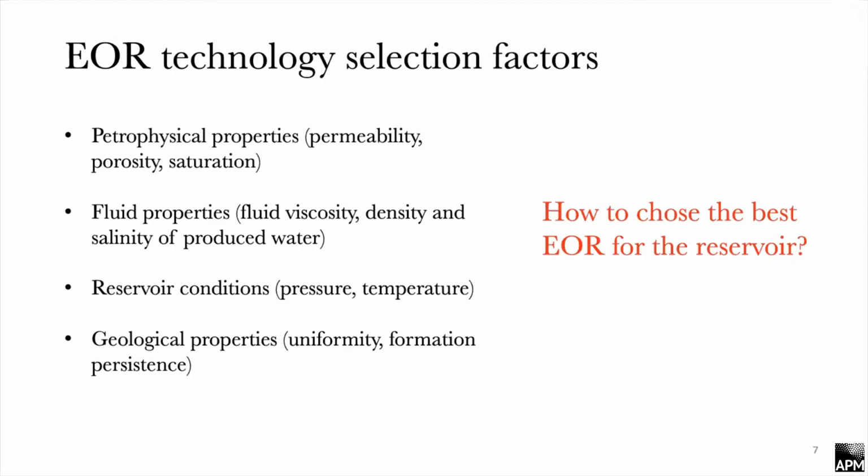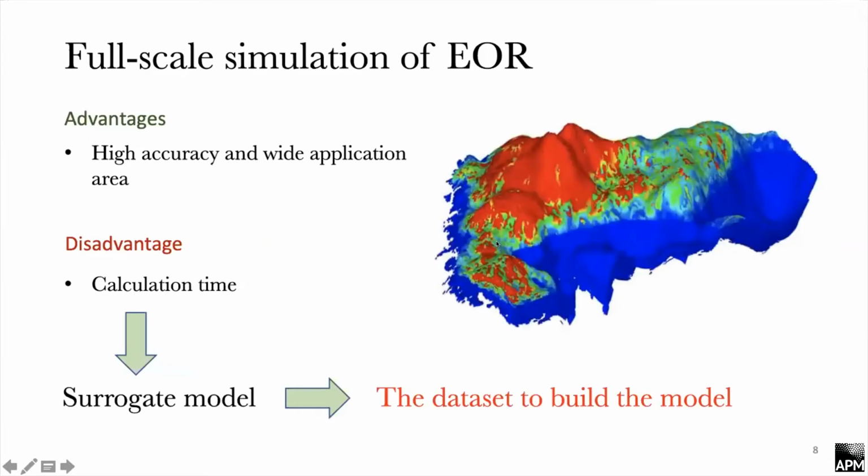And to achieve the goal, we suggest to use the full-scale simulation of the process because it has one big advantage. It's quite accurate and the application area is also quite wide. But the big problem here is that calculation time can be very, very big. So if we want, for example, to solve an optimization problem, it's a big limit for us.